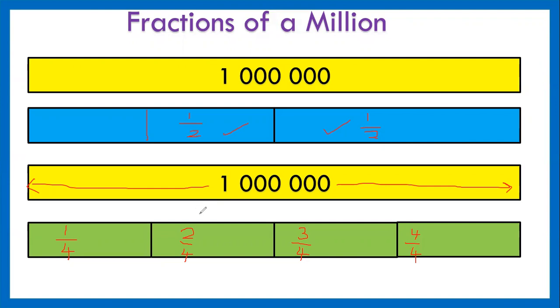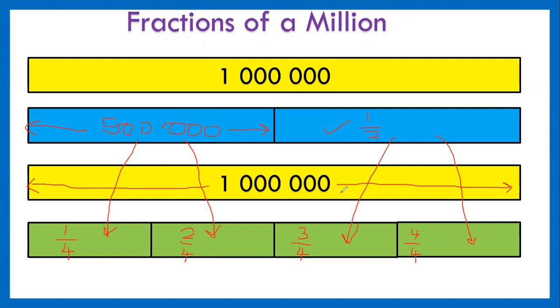So now what happens? Earlier, I knew that half a million was worth 500,000. If I took that 500,000 and divided it further into two parts, can you see this 500,000 is getting divided into two parts, and this 500,000 is divided into another two parts?